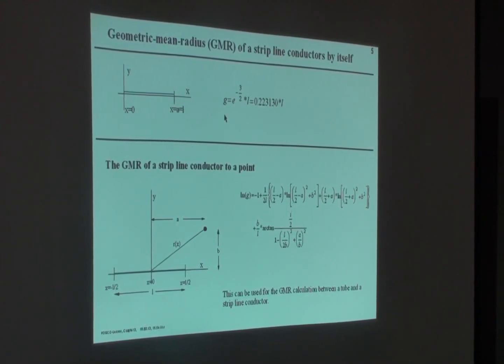Where do we need a point to a strip line conductor? I want to show: if this is a strip line conductor, a copper plated electrode to a point. Why calculate it to a point?